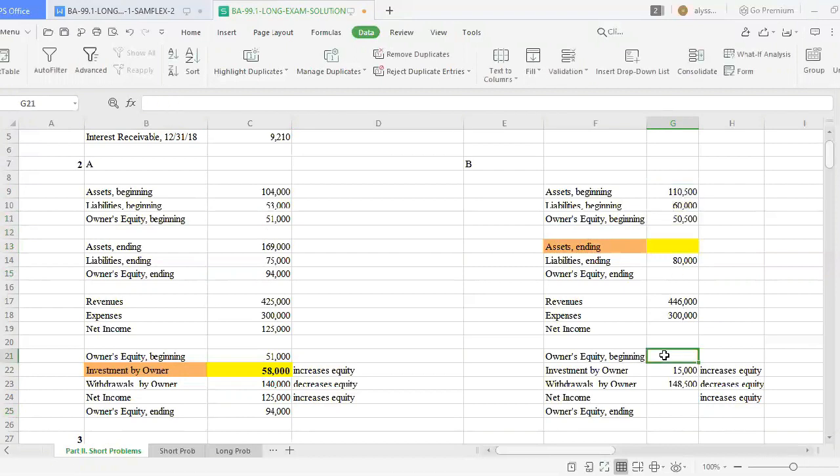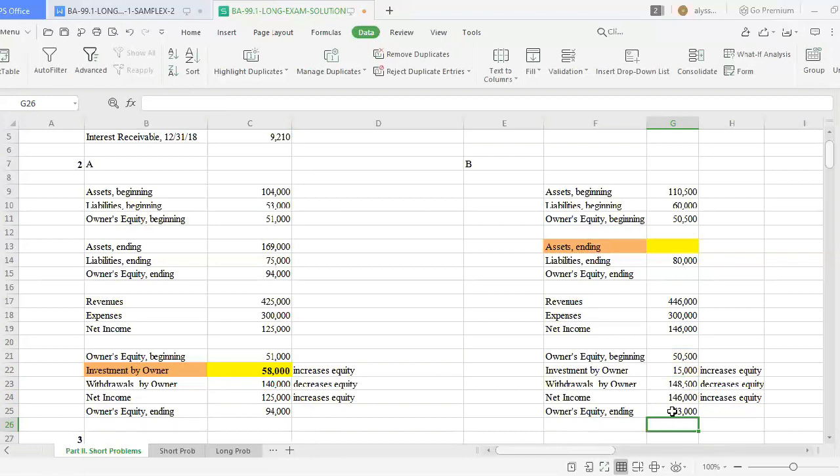liabilities from the assets. So we get 50,500 for the PCY company, and then the net income, revenue less expense, it's a profit, an income of 146,000. So to get the equity, the beginning balance is increased by the investment of the owner, decreased by the withdrawal, and then increased again by the net income.